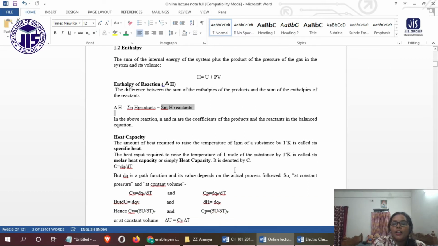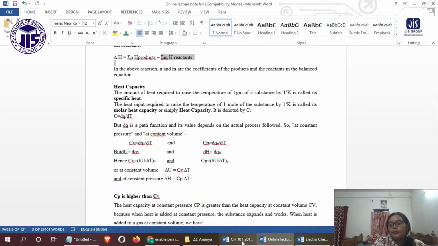Now heat capacity, we have discussed heat capacity. Heat capacity means the minimum heat required to raise the temperature by 1 degree centigrade for 1 gram of the substance, that is called the specific heat capacity.